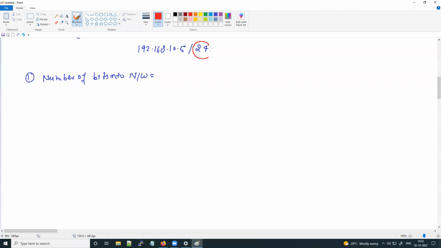This is the sweet spot. Slash 24 means 24 bits on the network side. And if we have 24 bits on the network side, then the number of bits on the host side is 32 minus 24, which is 8 bits.